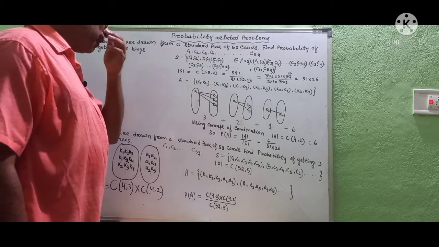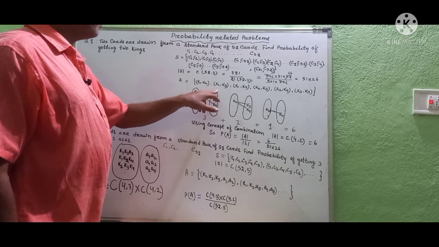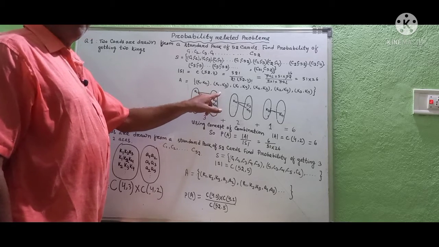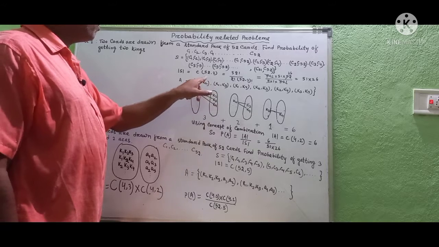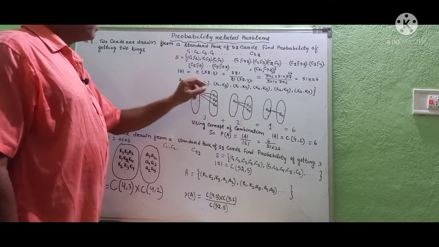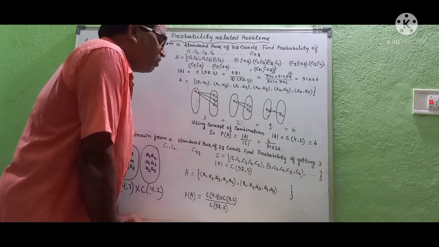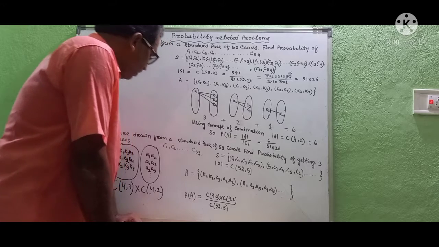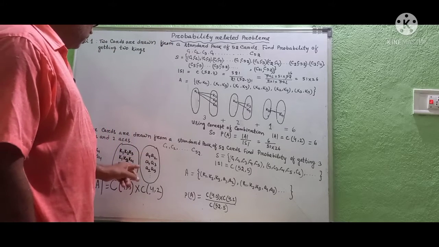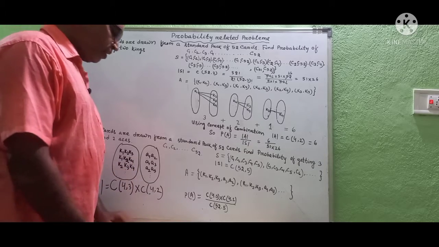Because here, after taking one element, taking the second element depends on the first. That is why here you cannot apply the counting principle. Here it is possible to use the counting principle.